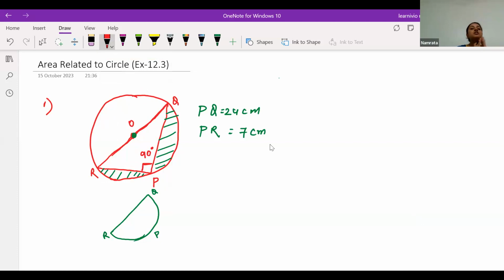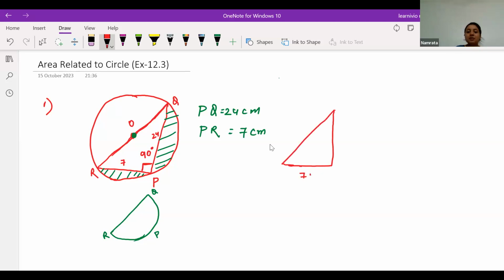So rather than focusing on the complete circle, we can focus on the semicircle. Where we know there is a right angle triangle whose sides are also given, that is PQ is 24 centimeter, PR is 7 centimeter. Since we have a right angle triangle, we can find its hypotenuse.